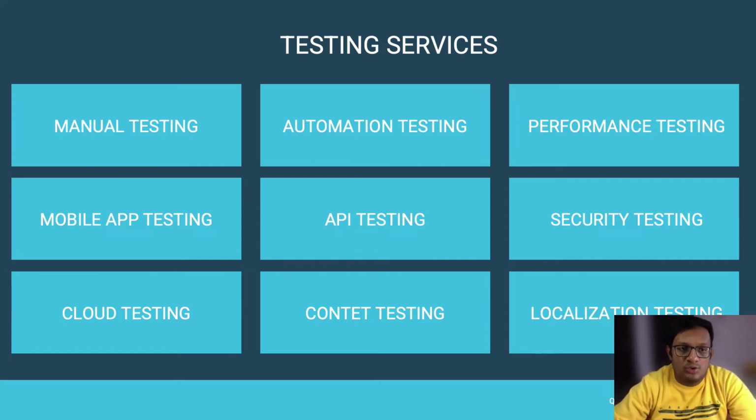Once you know what manual testing is, you know the nitty-gritties of the software testing industry, then you move on to any of the other fields listed on this slide. So it could be automation, performance, mobile application testing, API, security, cloud, content, localization, and then there are more services that are associated with software testing.